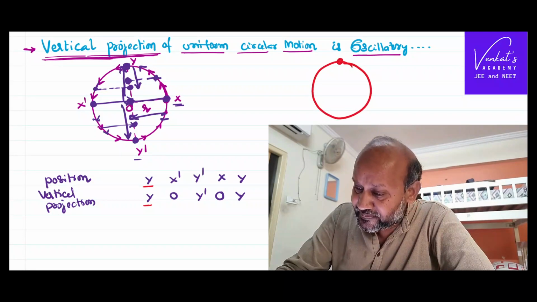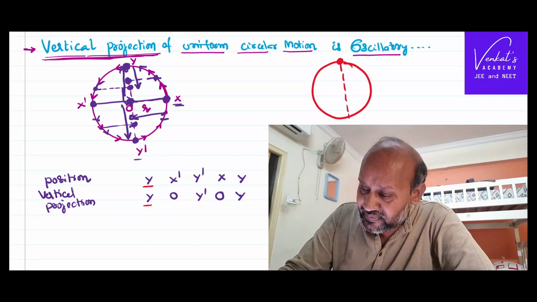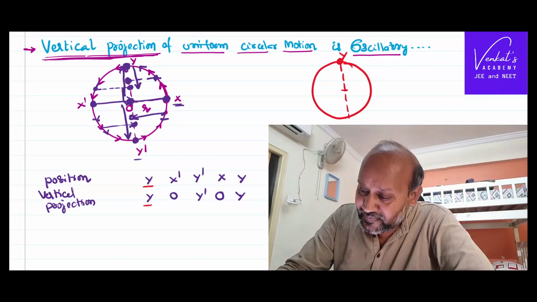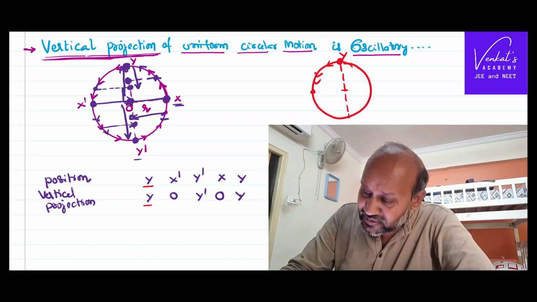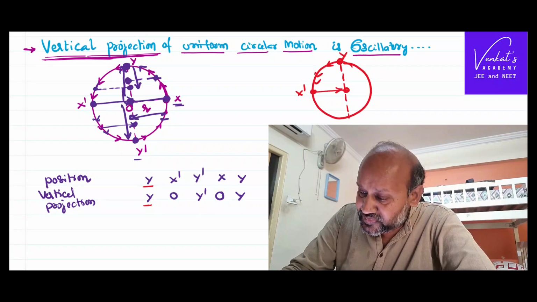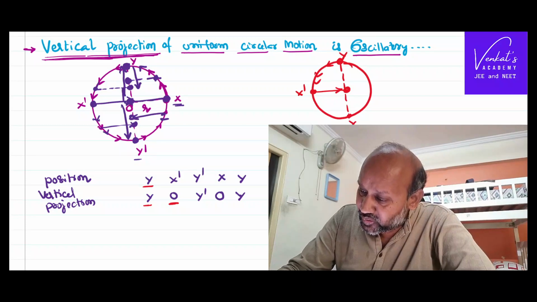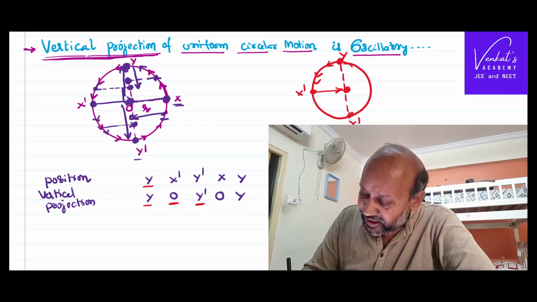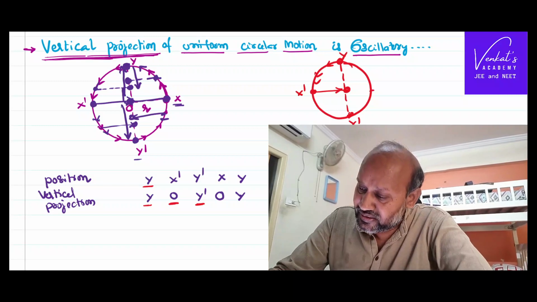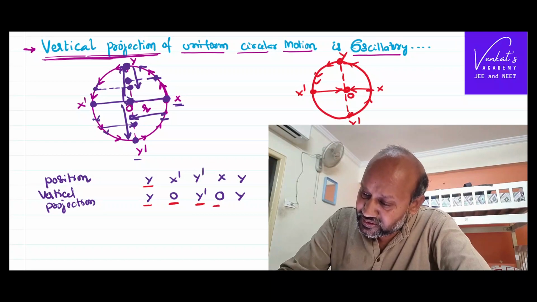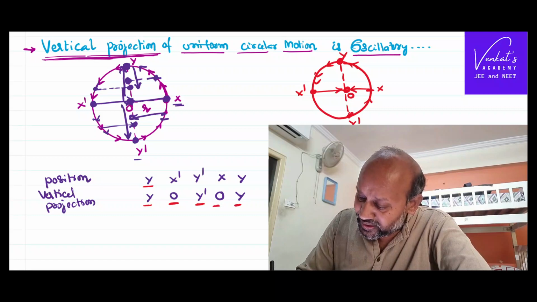Your body is here at y. Its vertical projection is also at y. You are slowly coming here. When you come to x dash, its vertical projection comes to origin. That's what I have written here. When you come to y dash, the vertical projection is also at y dash because that's on the y-axis. When you come to x this way, the vertical projection comes back to origin. When you go back to y, the vertical projection is at y itself.